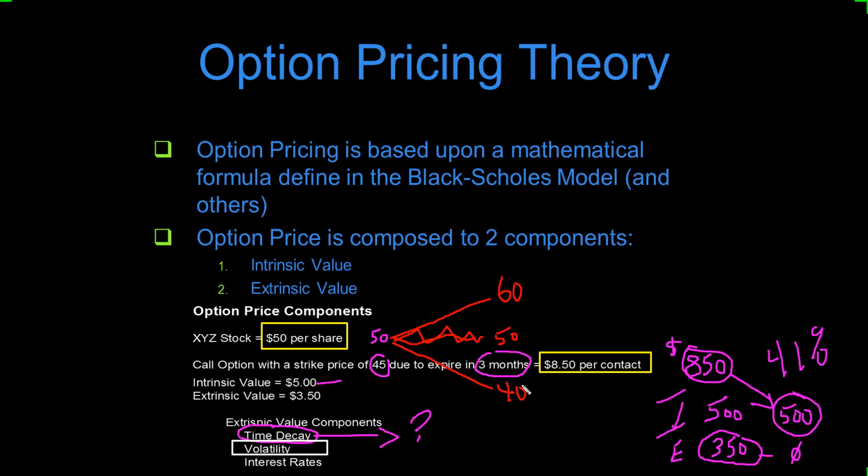So there's only really a couple of things that this $50 can do over 3 months, right? And you're betting on the direction you think it's going to go. Well, volatility measures what kind of fluctuation this stock is going to play in this cone going forward, and volatility affects the price of this option.